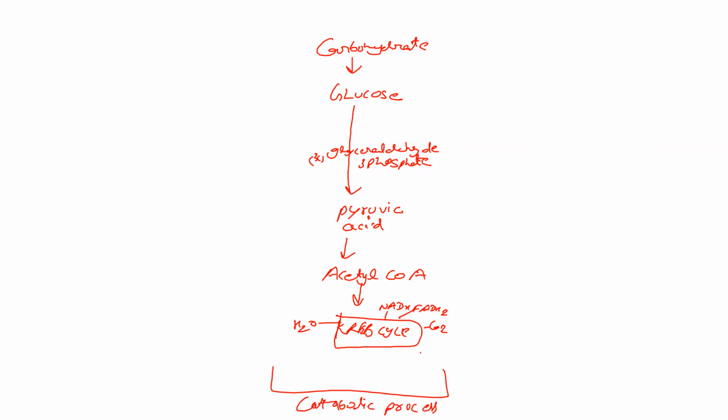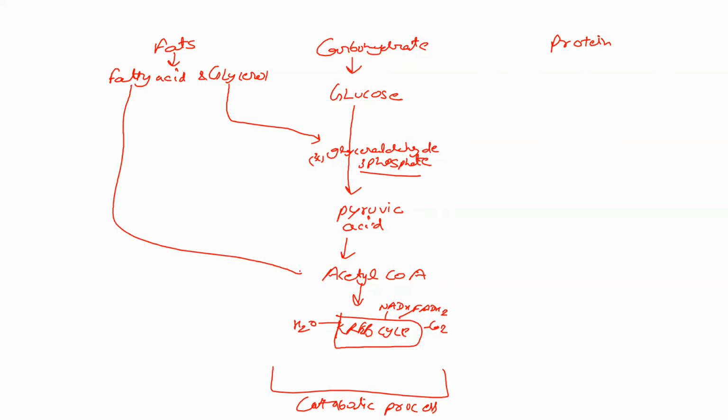Now let's talk about protein as well as fats. If the body is not getting sufficient carbohydrate, glucose, at that time fat breaks down into fatty acid and glycerol. Then glycerol enters the glyceraldehyde 3-phosphate stage of cellular respiration.